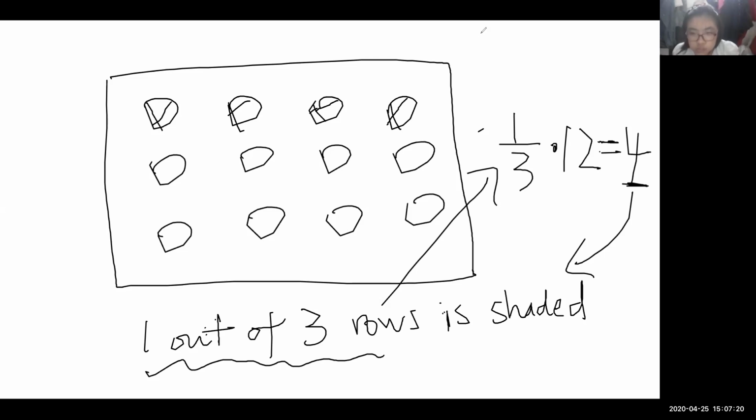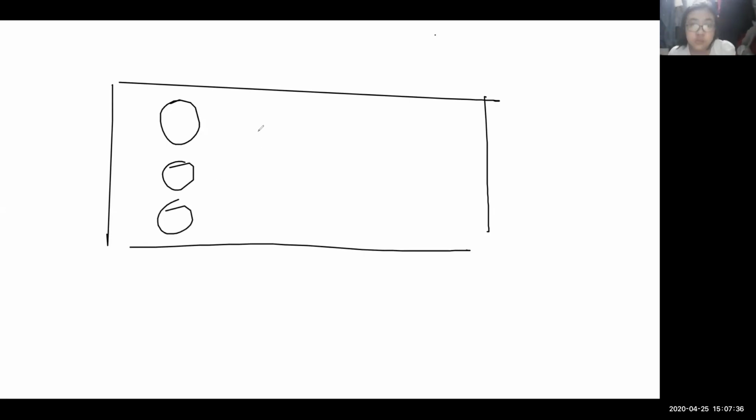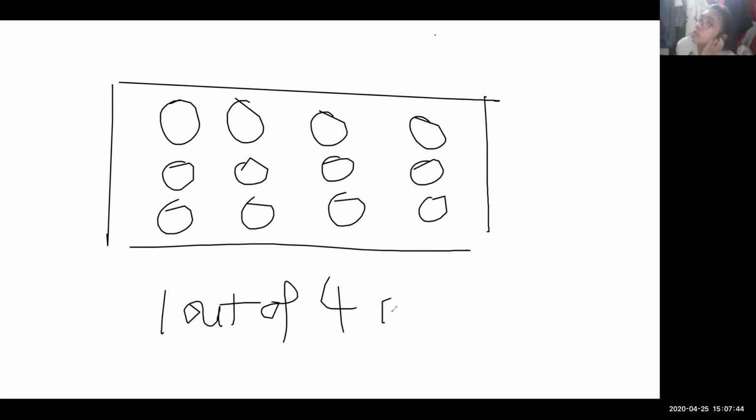Let me save this first. Okay, just now, let me clear this one first. I remember we have the same thing. But just now what did we do? Just now I said 1 out of 4 columns is shaded.